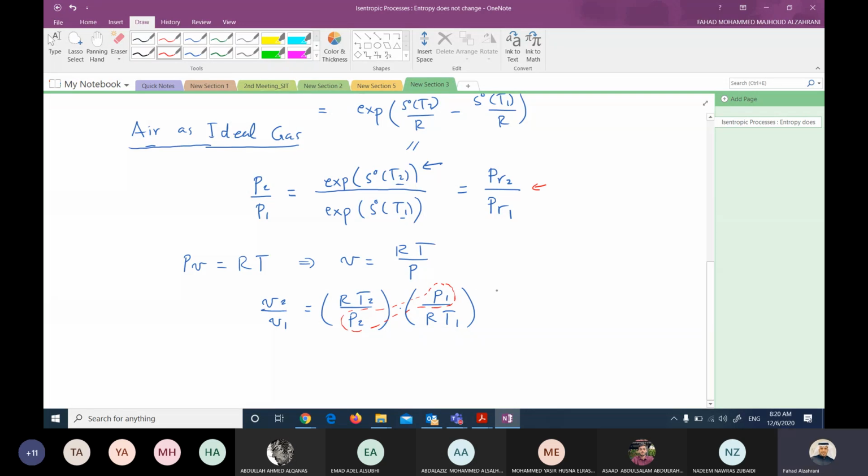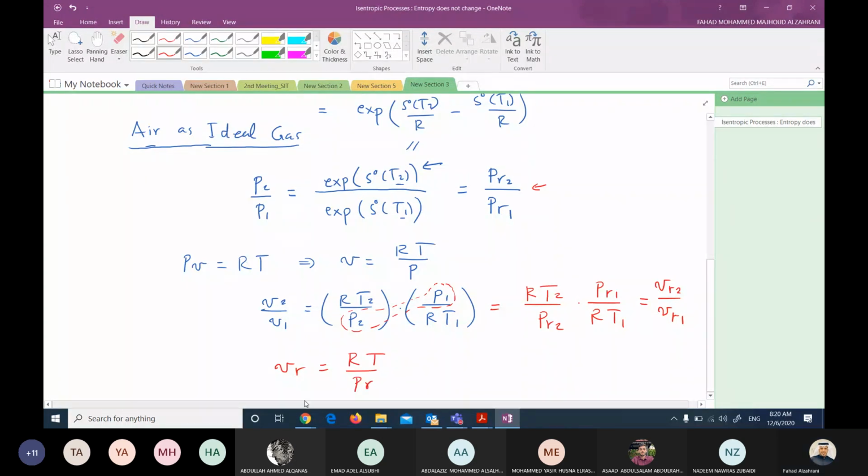Okay, so this equals RT2 over PR2 times PR1 over RT1. Okay, and this equals VR2 over VR1. So what is VR here in this case? VR equals RT over PR. This is basically VR.